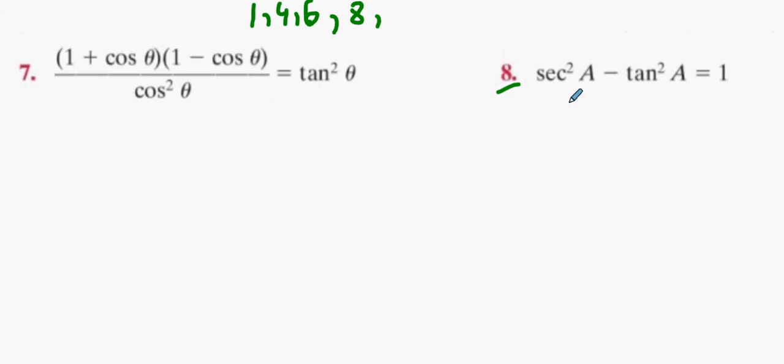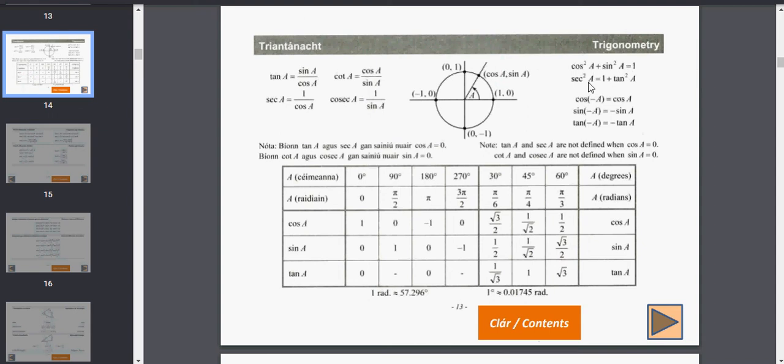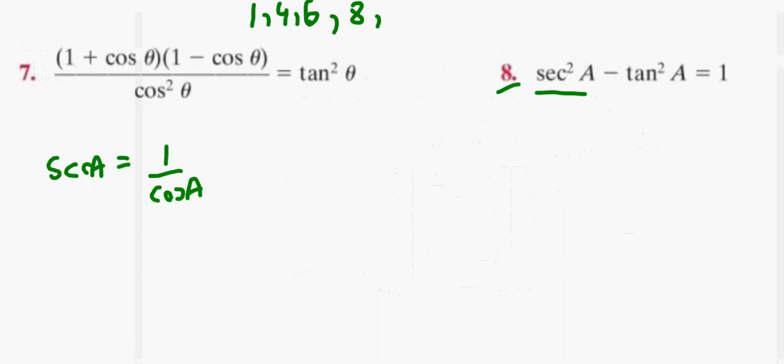Now, I'm going to change secant squared A. Secant A is the same thing as 1 over cos A. I think there might be something here I can use directly. Secant squared A equals 1 plus tan squared A. That's a handy one actually. So I don't even have to go through all that.